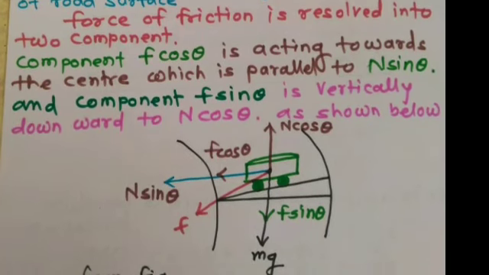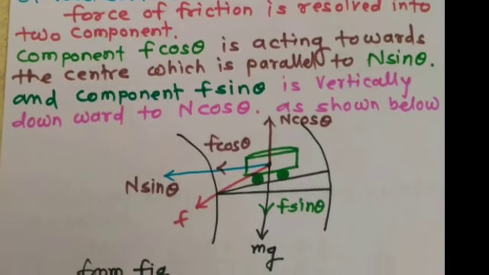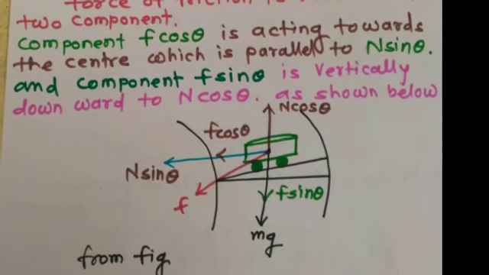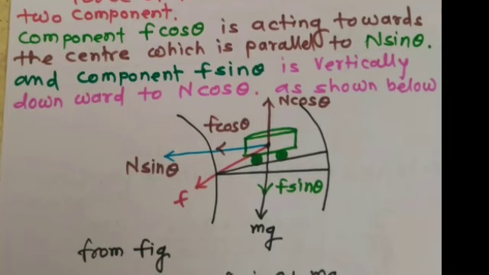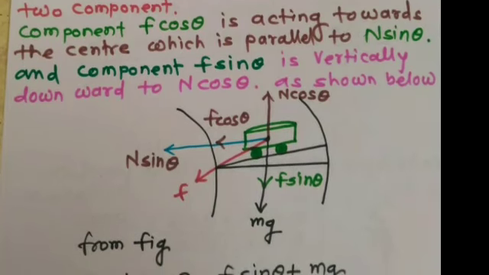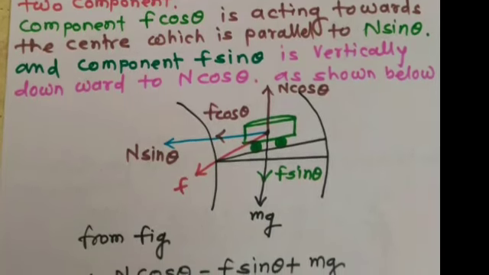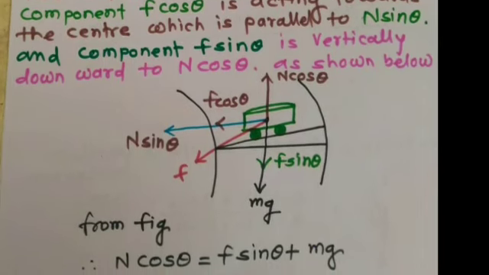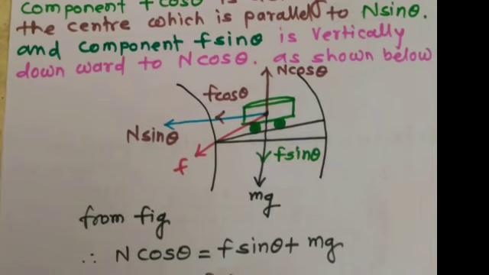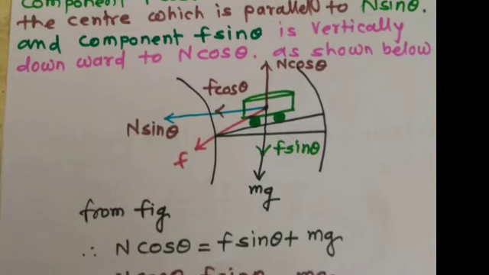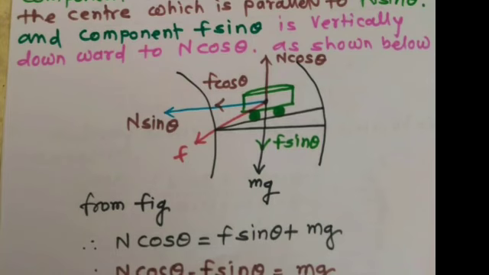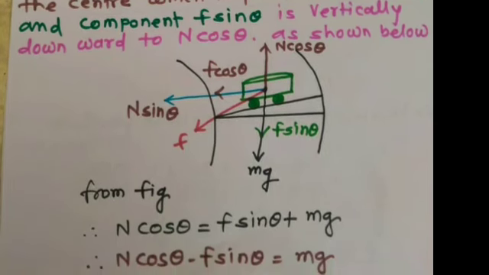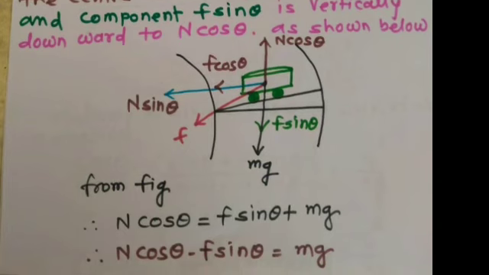Here in this figure we have seen N cos theta, N sin theta, F cos theta and F sin theta. So from this figure an equation can be written as N cos theta is equal to F sin theta plus mg. Therefore N cos theta minus F sin theta equal to mg.